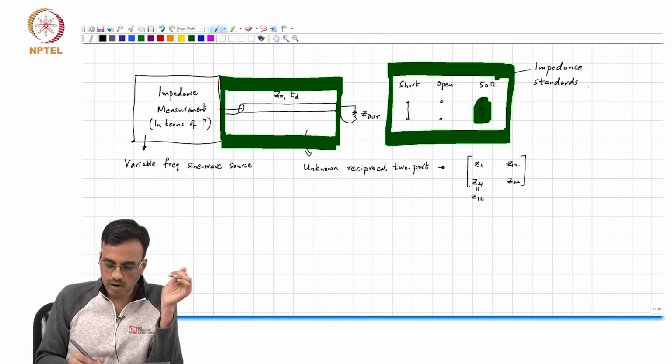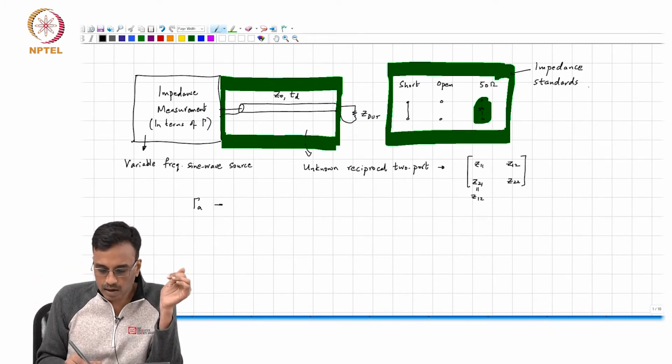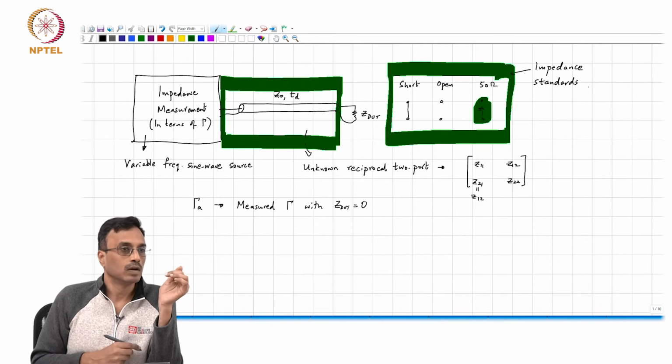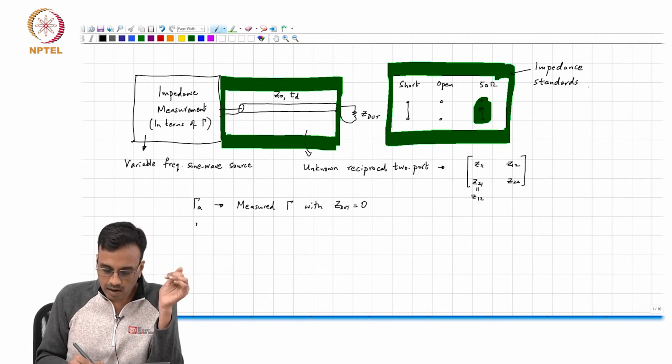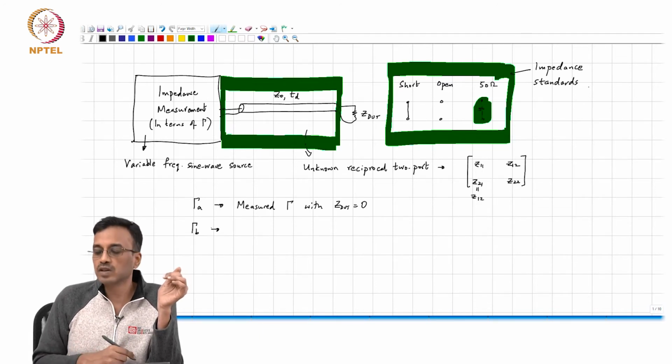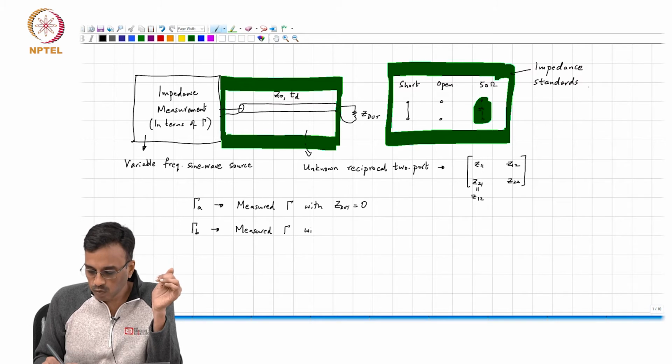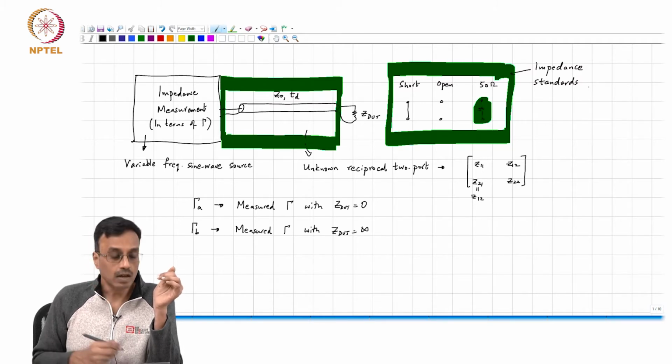Let us call that gamma A, the measured gamma with z dot equal to 0. Then you press another button, you remove the short, and redo the whole thing with z dot equal to infinity.